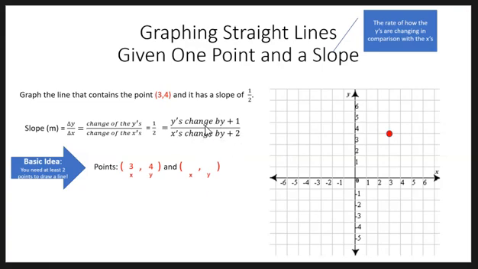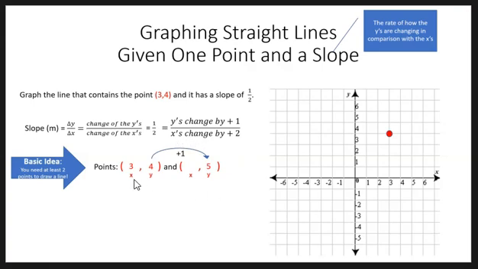Using this information, I can get my second point. Let's start with the Y's, because the Y is on the top of the fraction. What do I know about the Y's? We're changing by 1. So if my first point has a Y of 4, my second point is going to have a Y that is 1 more than 4. That's how I get 5. Now I work with the X's, and I know the X's are changing by 2.